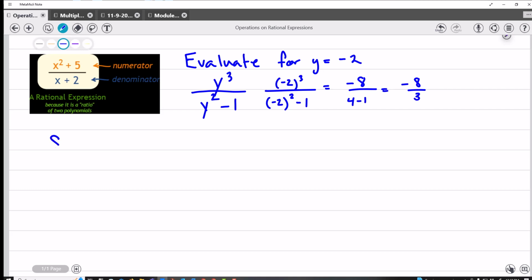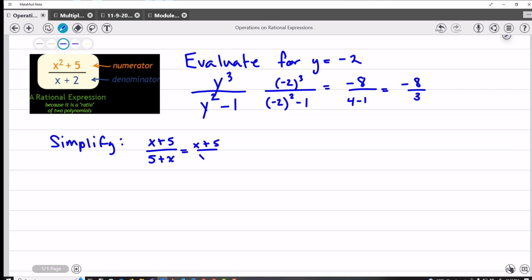Next thing that will come up will be to simplify. And this is where all your wonderful skills in factoring are going to come into play. But let's say you had something to start that looked like this. And you might say, well, is that the same? Can't you change this direction?